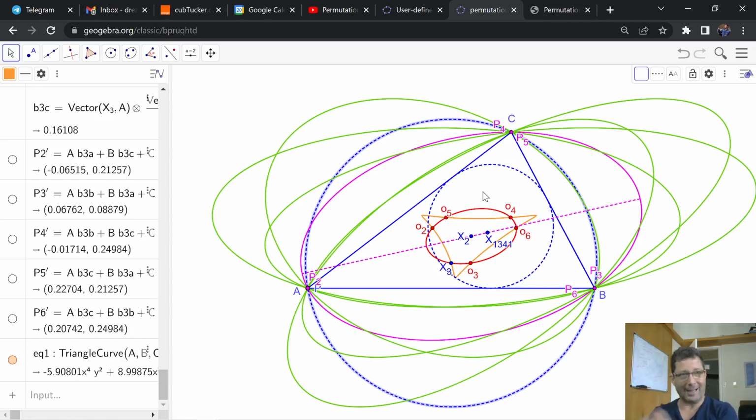And beautifully, and as expected, it contains X3 by definition. Why? The circumellipse that is centered on X3 has the same area as the circumcircle. Why is that? Because that circumellipse is the circumcircle. So X3 must be on this orange curve.